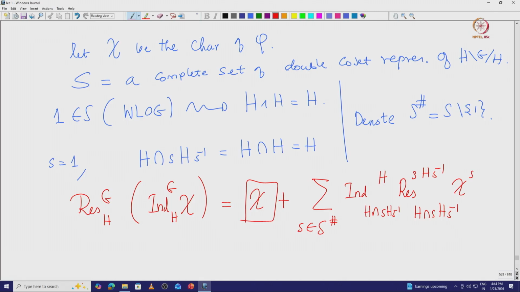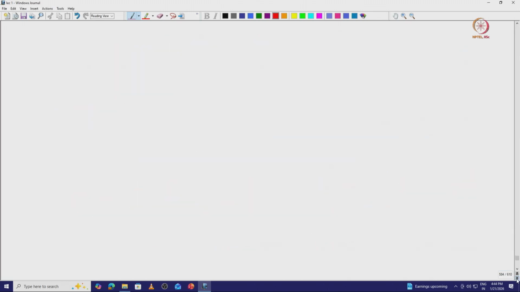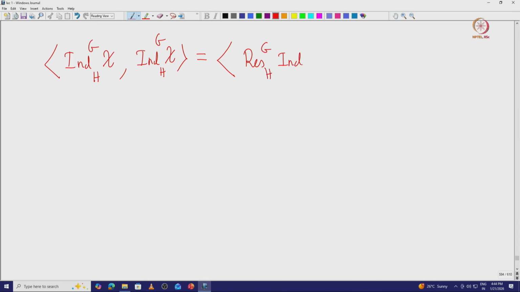So, now we just use Frobenius reciprocity twice and then use this formula to compute the following. So, you compute this inner product of the induction from H to G of this chi, which is given by, you can take this restriction from G to H applied on the induction H to G chi.